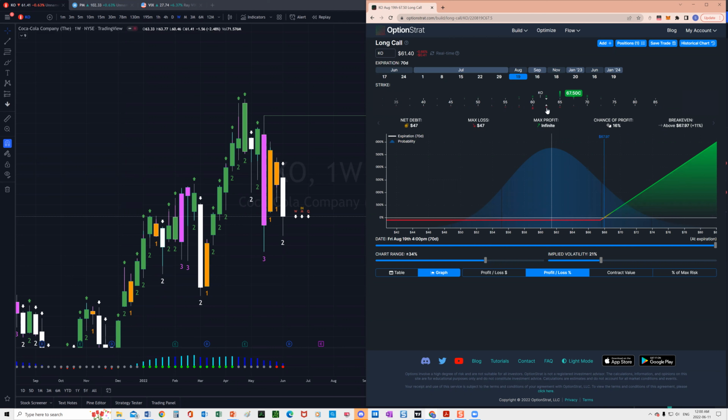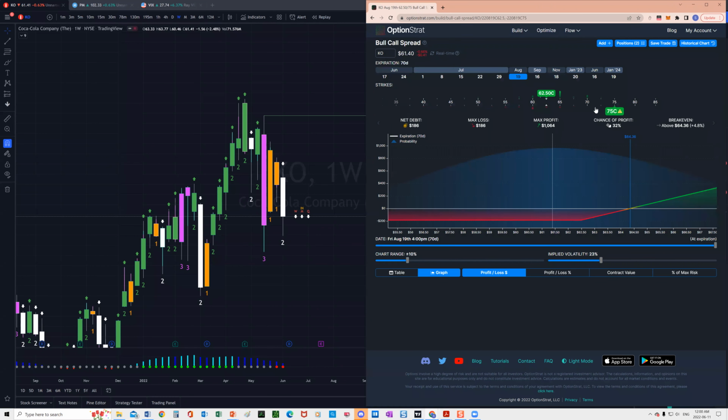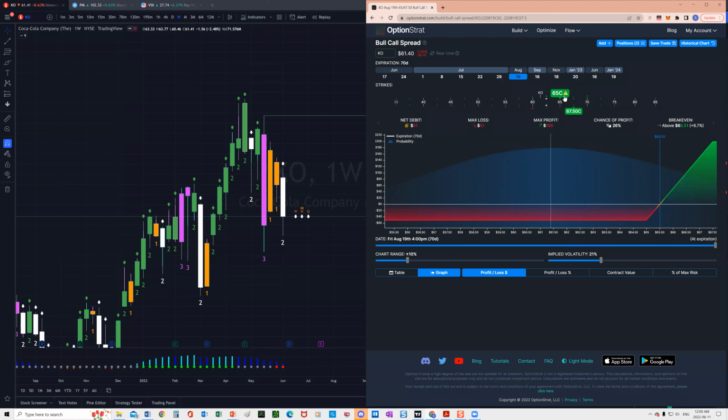So when you do the spread of the same sort of dollar amount, you can see how, because you're selling this one here, you're basically financing the cost of your call. So that's one way to think of a spread is I want to take advantage of this upside move, but I want to use less money to do it. At the same time, realizing and accepting that you're capping your upside.